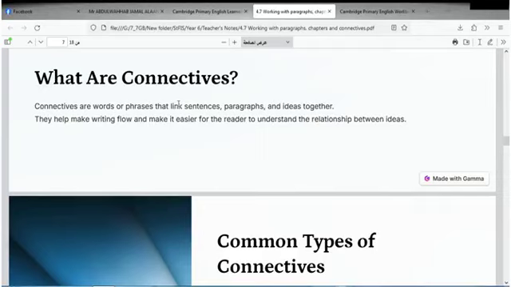Connectives or transition words are very important. They will help the reader to understand the writing. It will help the writer to produce a flow, a cohesion, in your writing. So it will help to make writing flow and make it easier for the reader to understand the relationship between ideas.